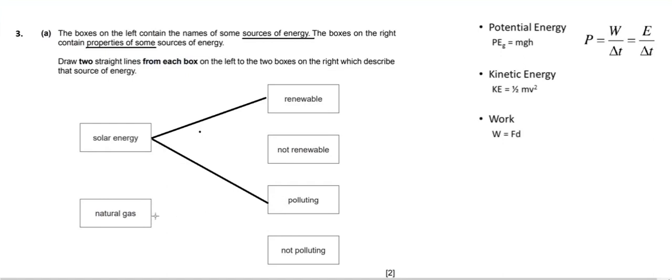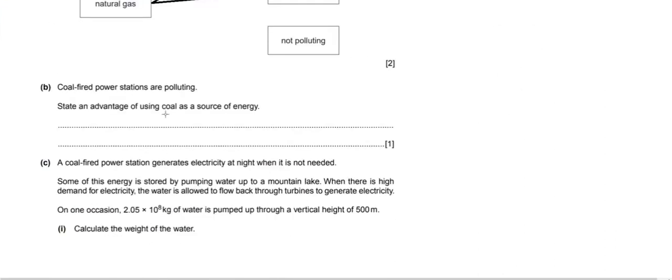Natural gas is a non-renewable energy source, and it is again polluting. So both are polluting, but one is renewable and the other is not renewable. This is the way we can do the first question, A.